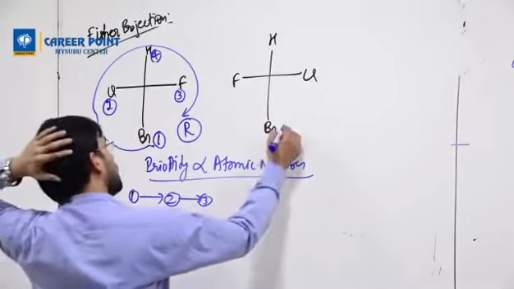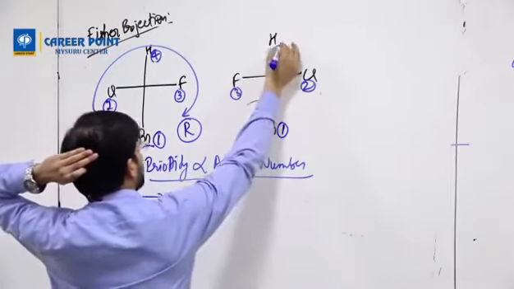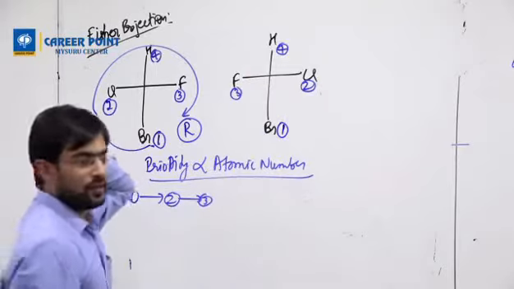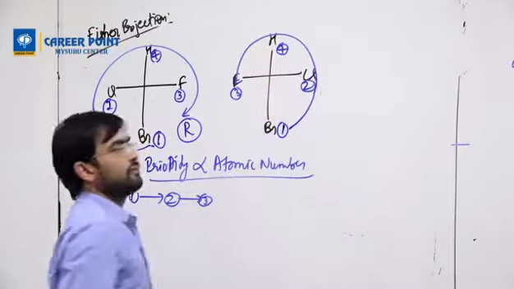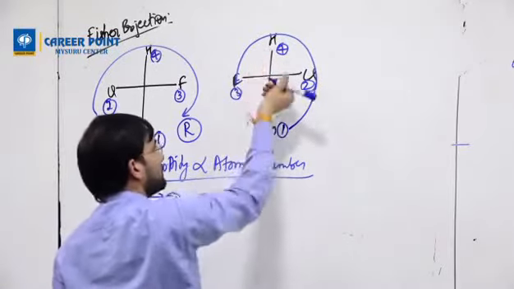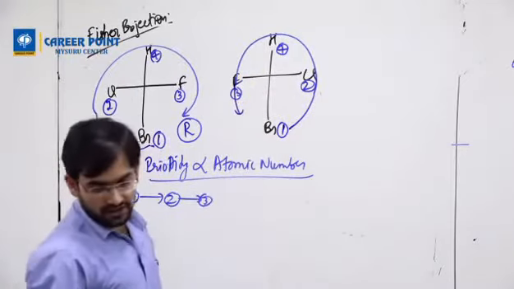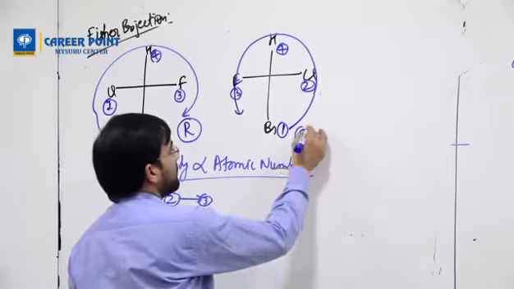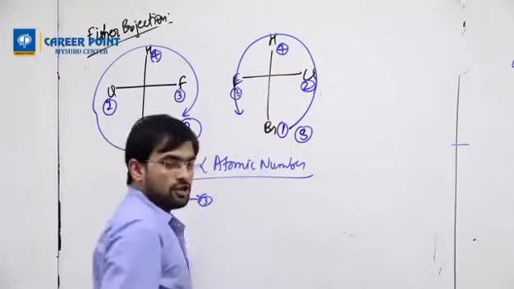The same thing here. 1, 2, 3, 4. Then 1, 2, 3. This is an anti-clockwise direction. So this becomes S, provided the least priority is not on the horizontal line.